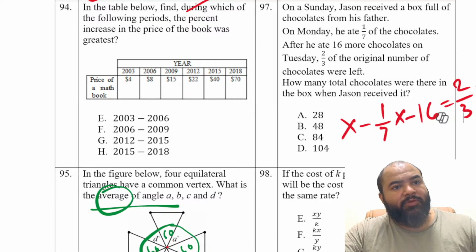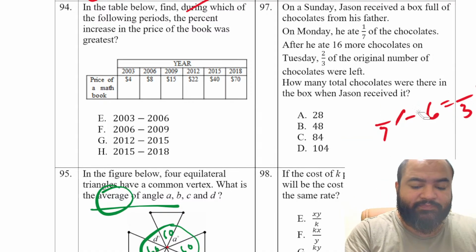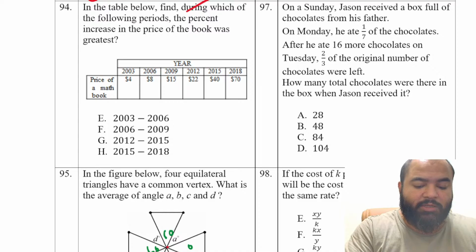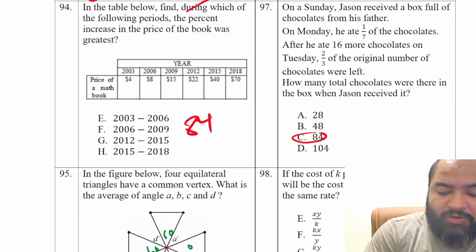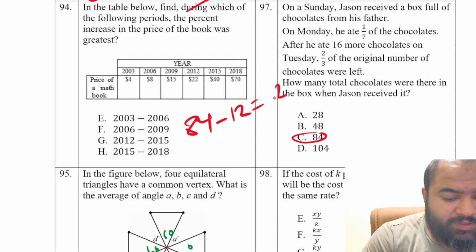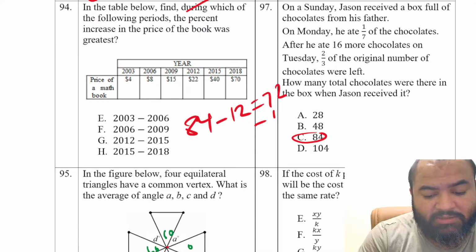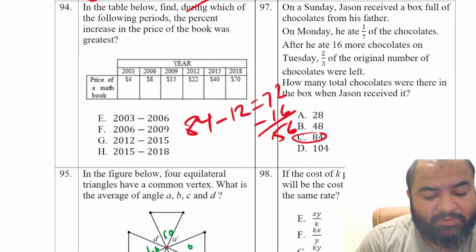Oh, did I just erase the work somewhere? Sorry. Let me write down the work quickly again. My bad, guys. So I tried out the 84. I did minus the 1/7, which is 12, so that was 72. And then I minused the 16 more, that was 56 remaining.